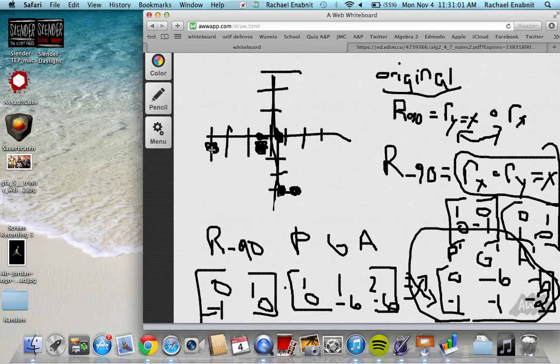And then negative 6 again, and negative 2. There's our golf club when it is in its backswing. See how this is it, and then we rotate it negative 90, and that's it. So yeah, hope you learned something.